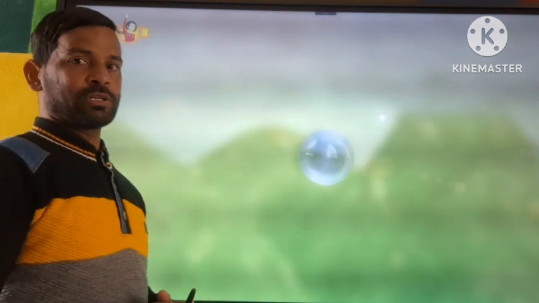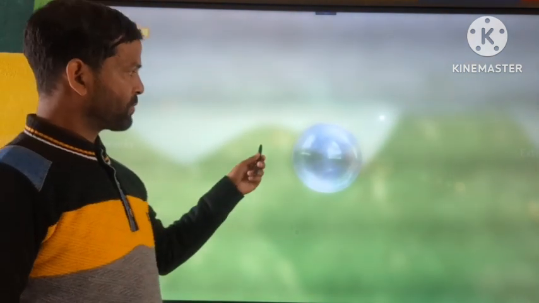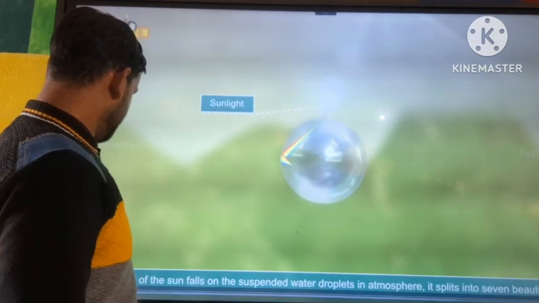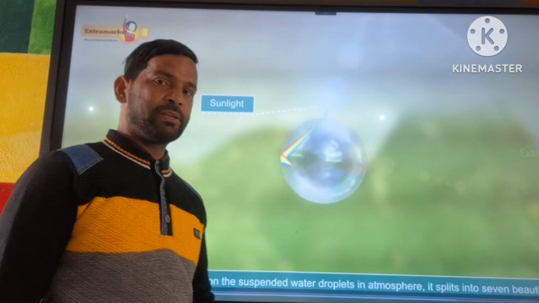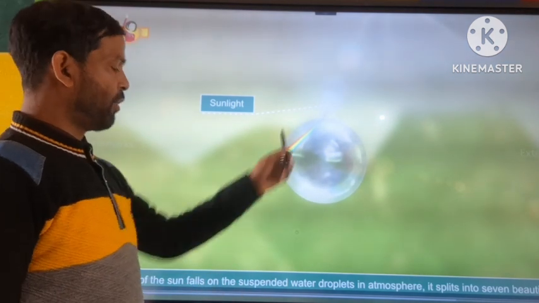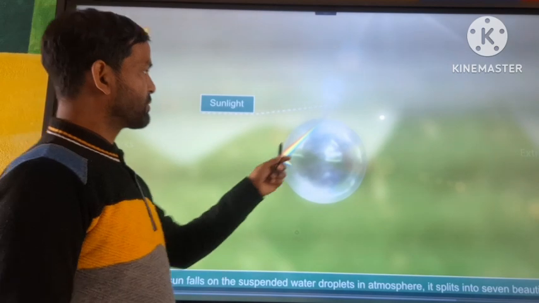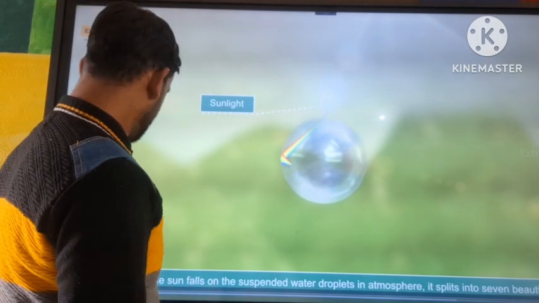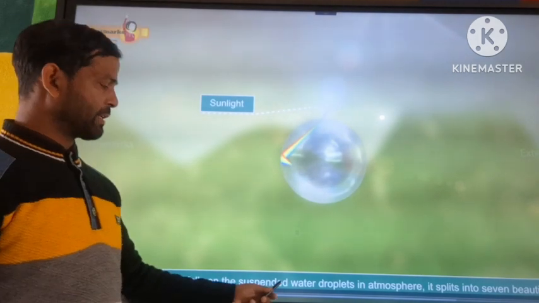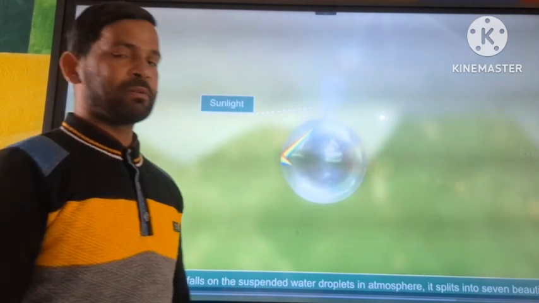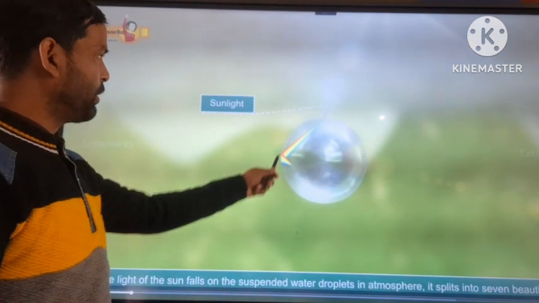For that question, we will go through the rainy season. Whenever the rainy season happens, the light falls on the moisture, the tiny droplets of water. When they come in front of the sun, the white light of the sun falls on the suspended water droplets in the atmosphere and is split into 7 beautiful colors. How can this be?